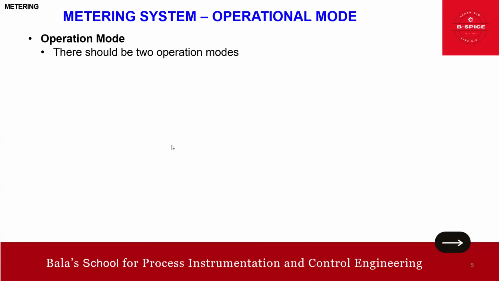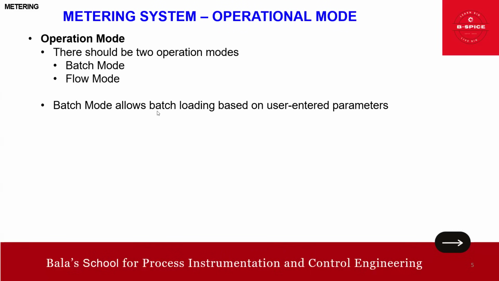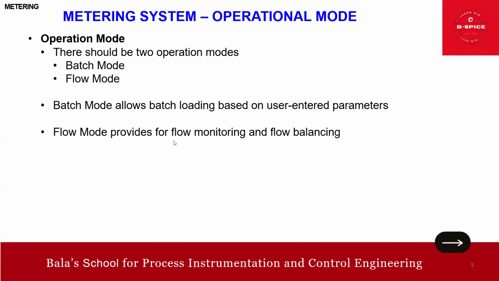There should be two operation modes. One is batch mode, the other is flow mode. Batch mode allows batch loading based on user-entered parameters. Flow mode provides for flow monitoring and flow balancing. Here you may have a question: what is flow balancing?